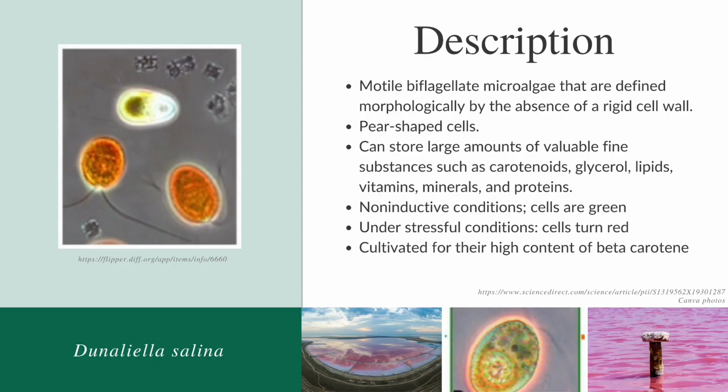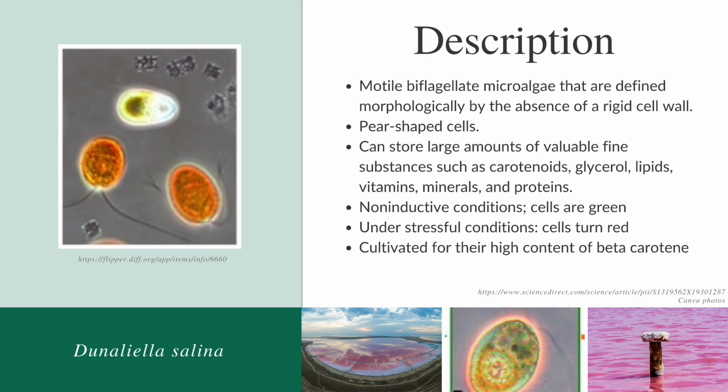These are motile biflagellate microalgae that are defined morphologically by the absence of a rigid cell wall. What they do have instead is a thin elastic plasma membrane. As shown in the figure on the left, cells are usually pear-shaped. This microalga can store large amounts of valuable substances such as carotenoids, glycerol, lipids, vitamins, minerals, and proteins.